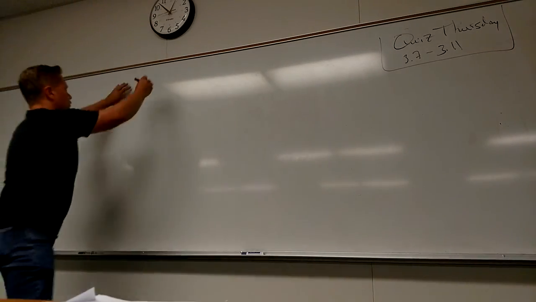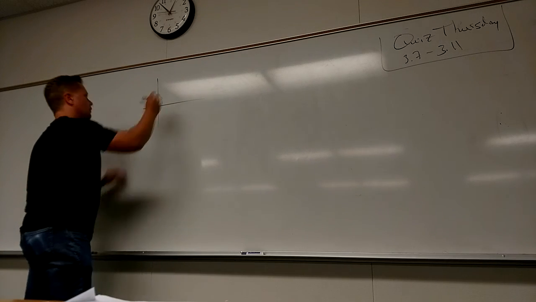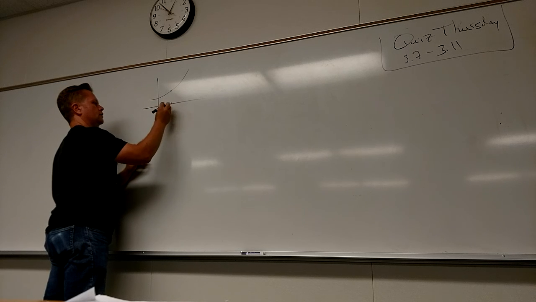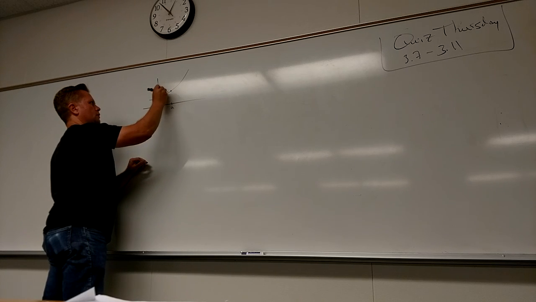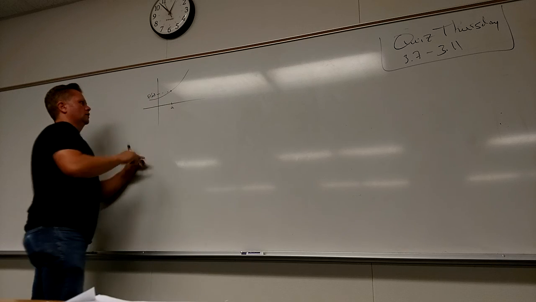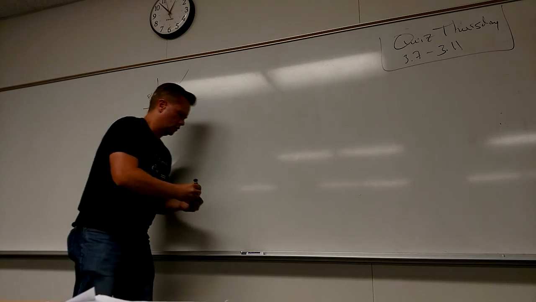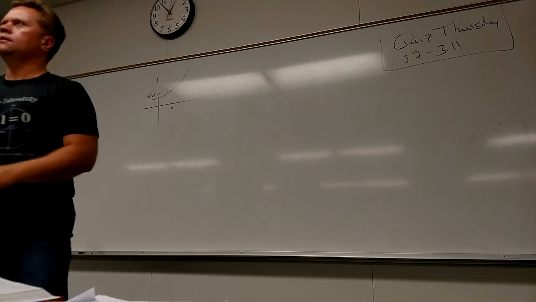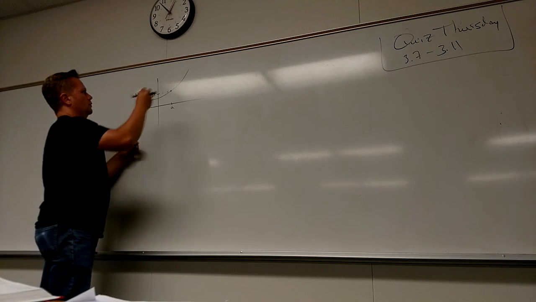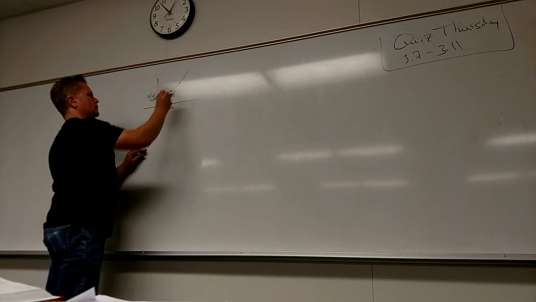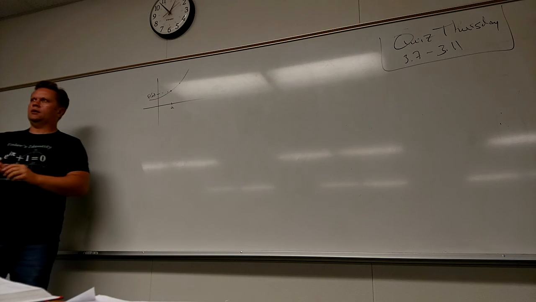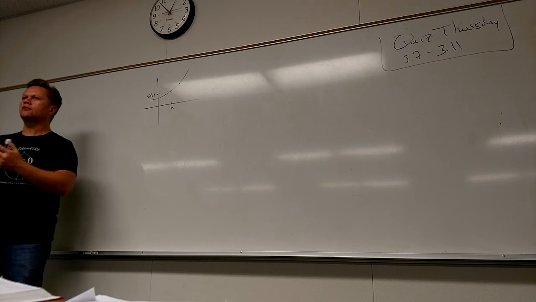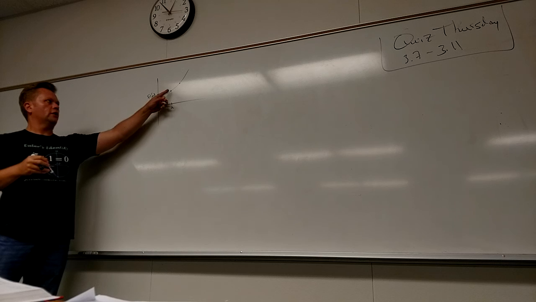So if I have a curve, here is, let's say, A. This is going to be f of A. I want to estimate what this is, but I want to create a linear function that works well at this point.